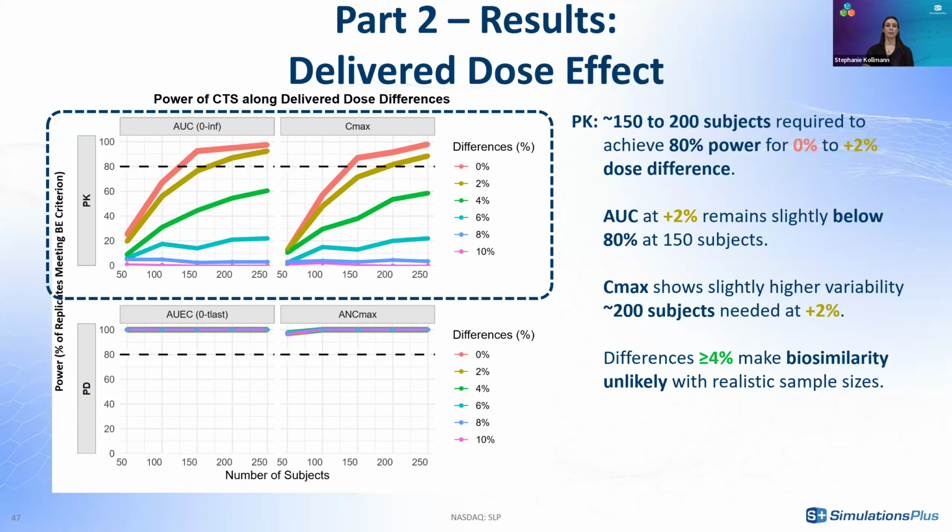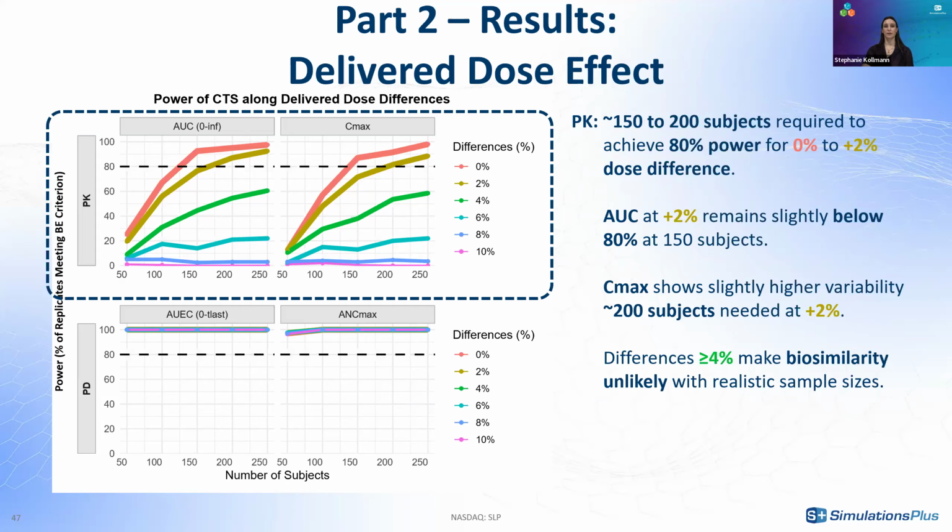At 2%, AUC remains slightly below the 80% threshold with 150 subjects, while Cmax shows somewhat higher variability, requiring, you can see it here, around 200 subjects.